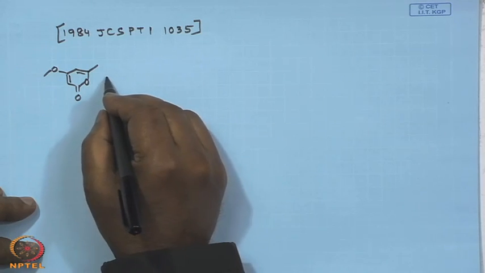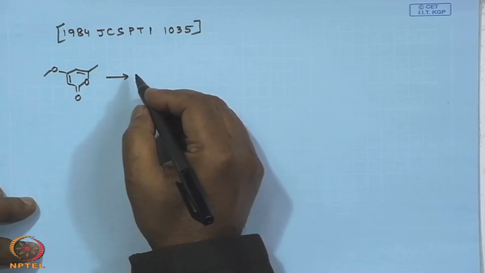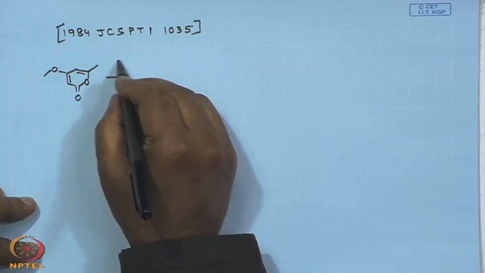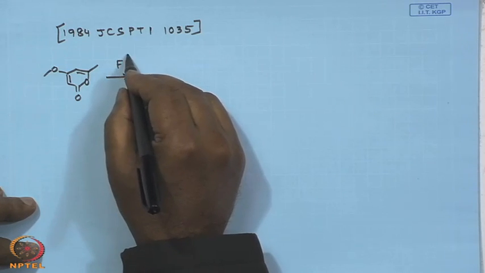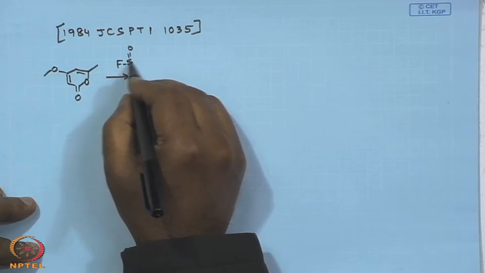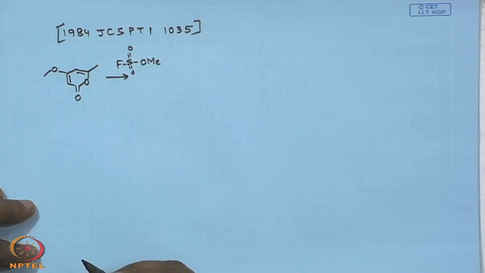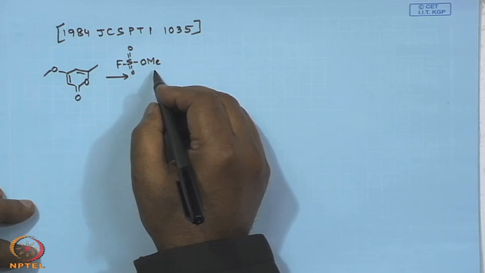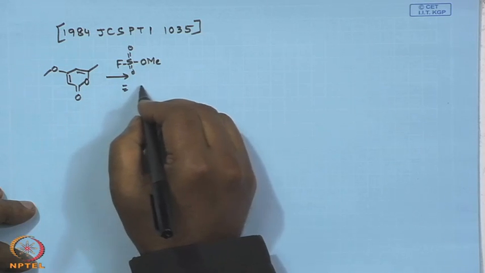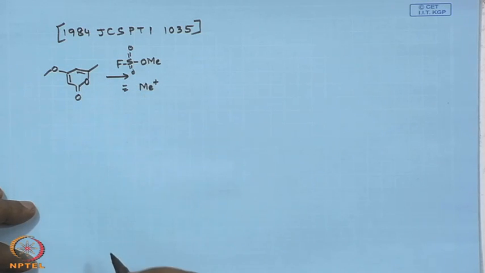Now, if you use a very strong methylating agent, in this case methyl fluorosulfonate. Methyl fluorosulfonate is one of the very strong methylating agents. So, what do you expect now? It is basically a source of hard methyl ion, methyl plus, just like methyl iodide, methyl sulfate and this, and occasionally we will also use methyl triflate.